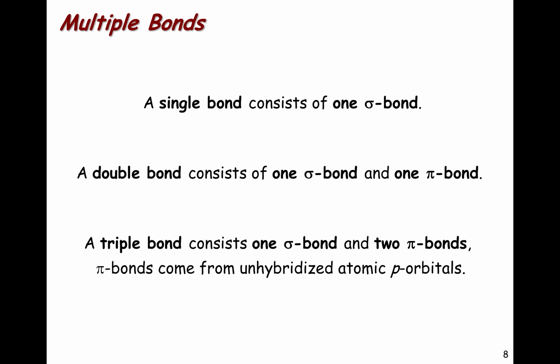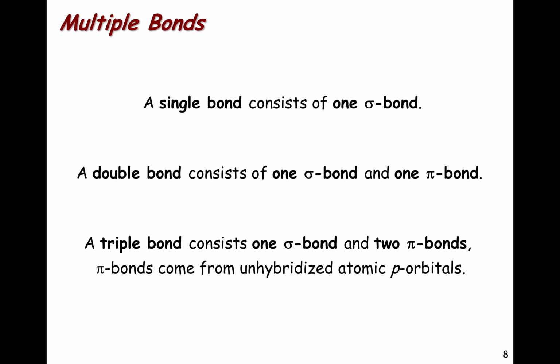So this slide summarizes what we've done here in terms of valence bond theory. Basically it comes down to this: if a molecule has a single bond between two atoms, that bond must be a direct overlap of the hybrid orbitals on the two different atoms, and we refer to this as a sigma bond.